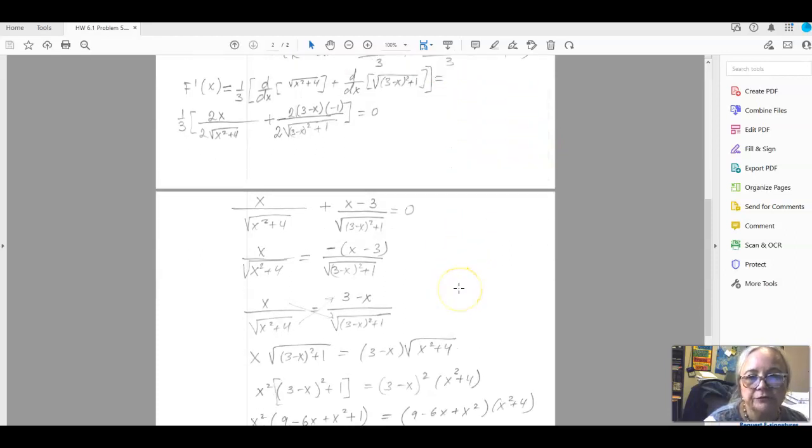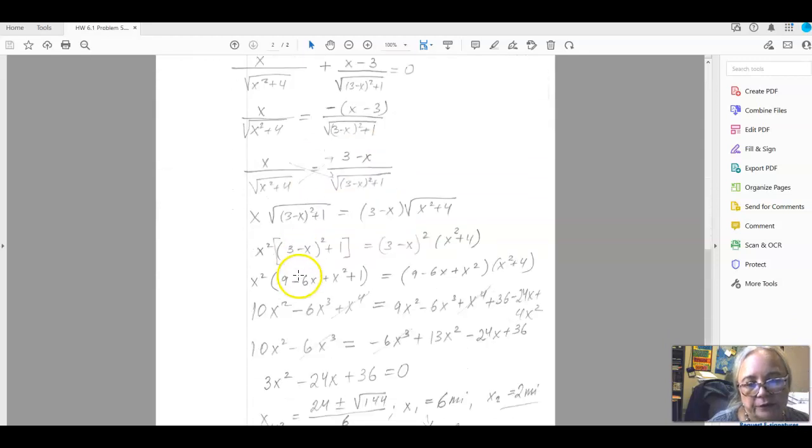To check if it gives you a minimum, you have to go to the expression that you got when you differentiated, f prime of x. F prime of x will be 1/3 quantity this. So if 1/3 is positive, the sign of the derivative will depend on the quantity of this expression, x over square root of x squared plus 4 plus x minus 3 over square root of 3 minus x squared plus 1.